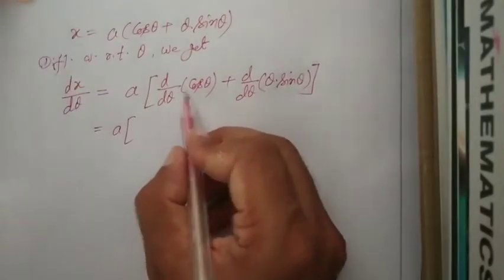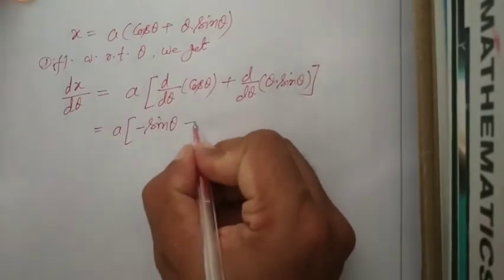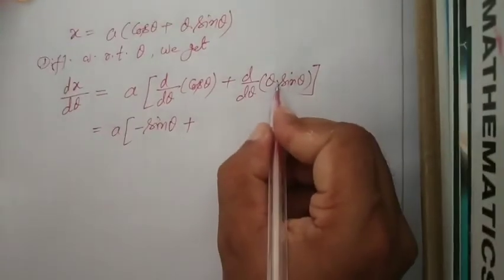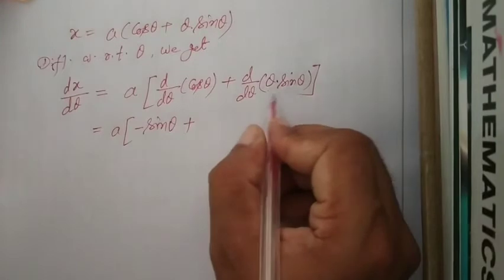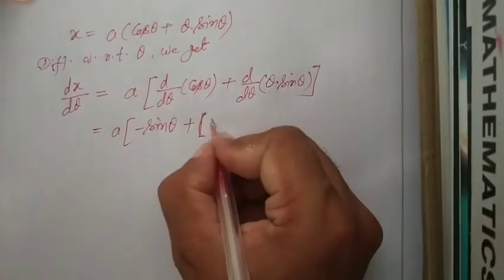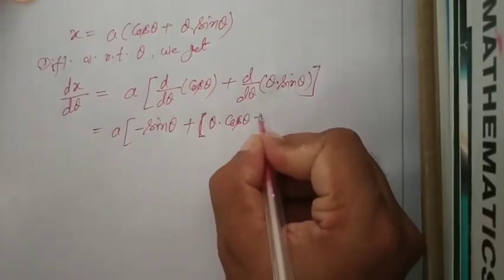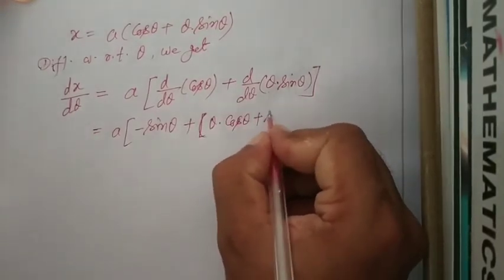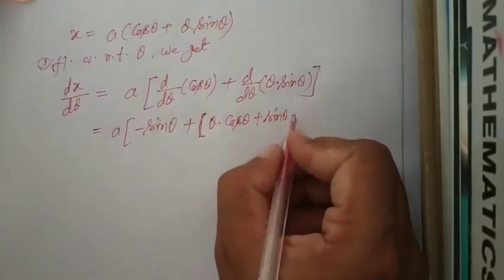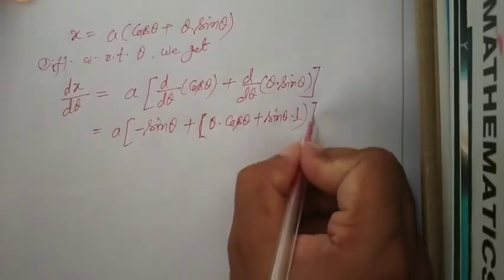The derivative of cos theta is minus sine theta, and plus this is found with the product rule: theta times the derivative of sine theta, which is cos theta, plus sine theta times the derivative of theta, which is 1.